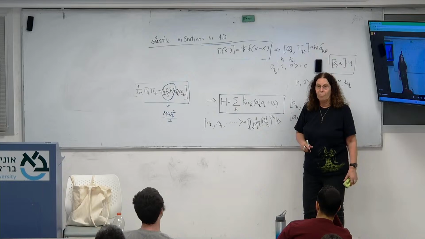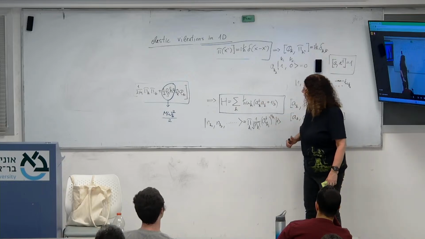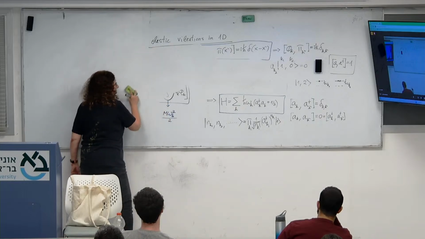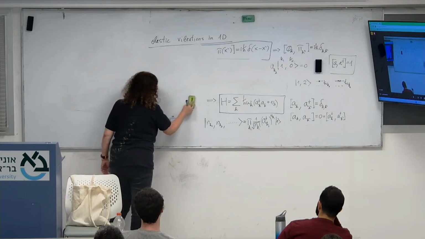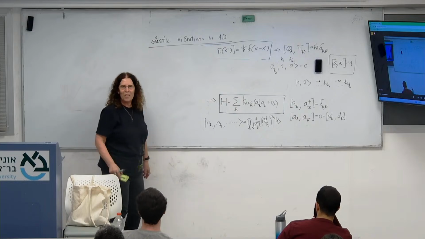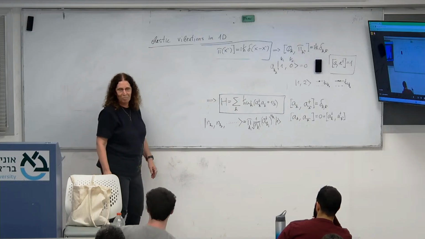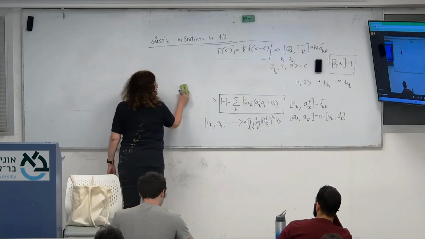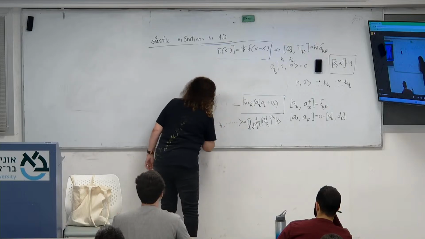Okay? But it will, once again, give you something that you can write as a set of independent particles. In that case, what are the particles? We already know what they are. They are the photons. They are really the photons. Okay? So let's see how it goes.